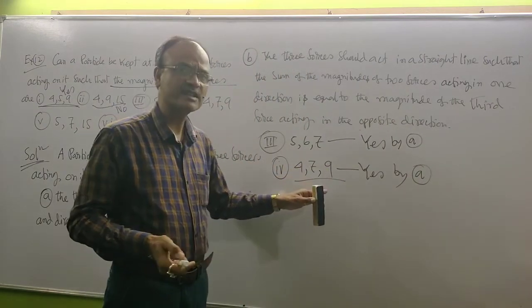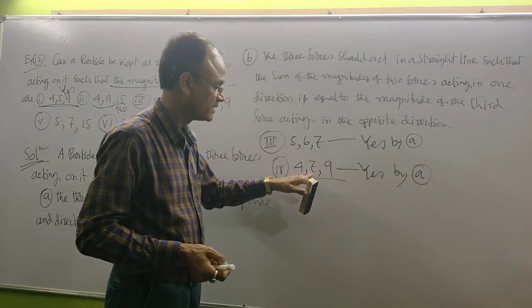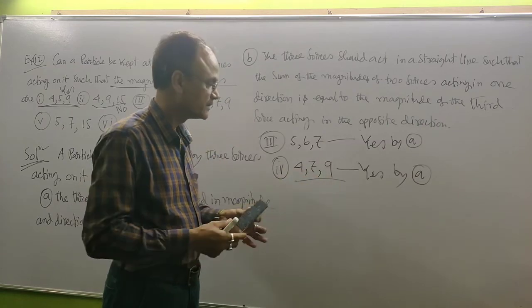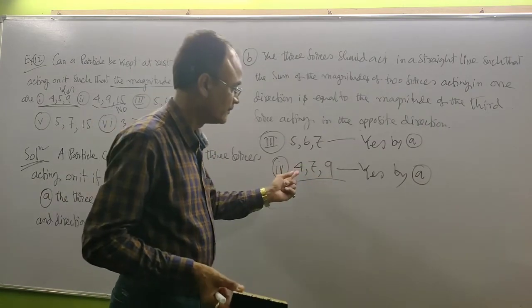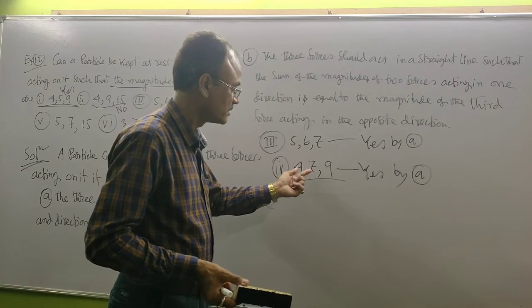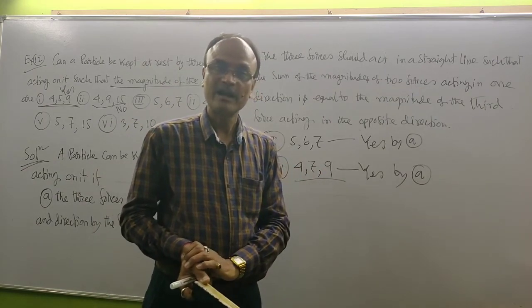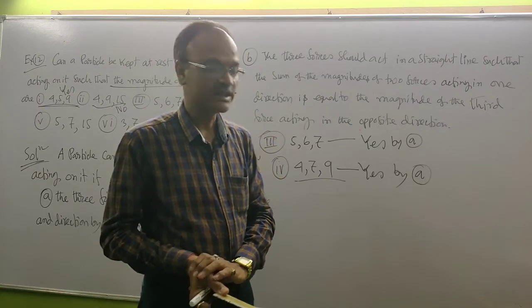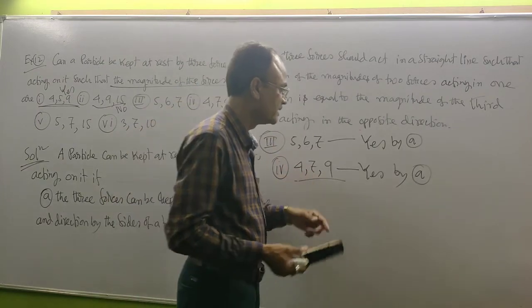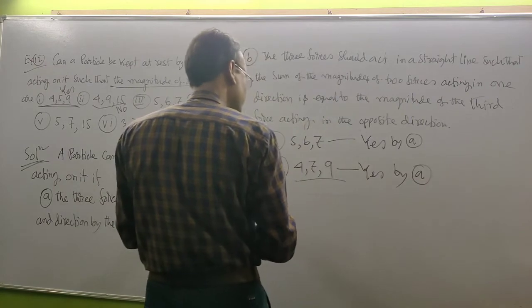A triangle can be constructed. 4 plus 7 is greater than 9. A triangle can be constructed. By the law of triangular forces, these three forces can be in equilibrium.